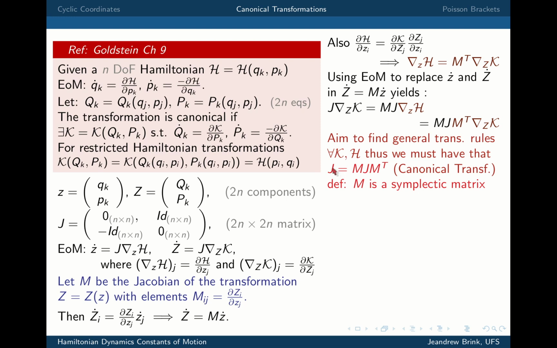So we now have that if you have a symplectic matrix M, which is your Jacobian of the transformation, in other words M_ij is partial Z_i, partial little z_j, then we have everything we need. We have a transformation that will preserve the structure of the equations of motion and go to new variables. But we must obey this little thing.